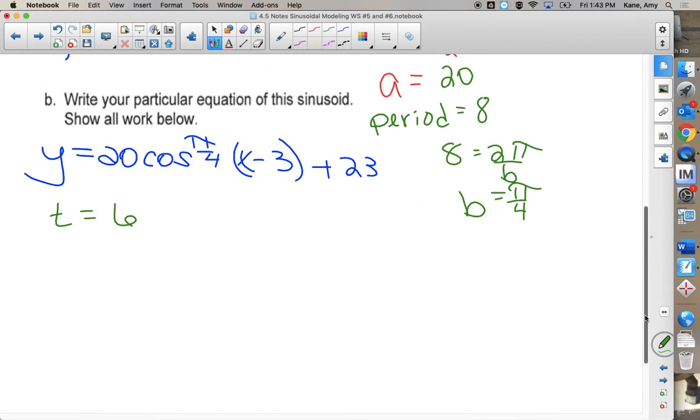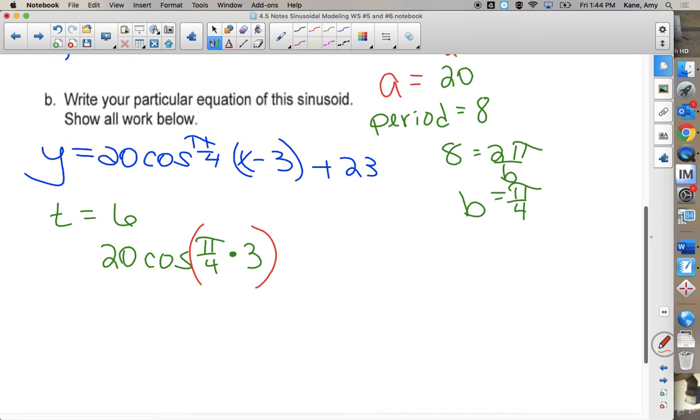In our calculator, we have 20 times the cosine of pi over 4 times (6 minus 3), which is 3. You need to make sure that you have a group of parentheses around both of these numbers.